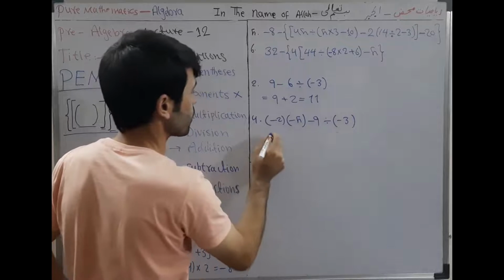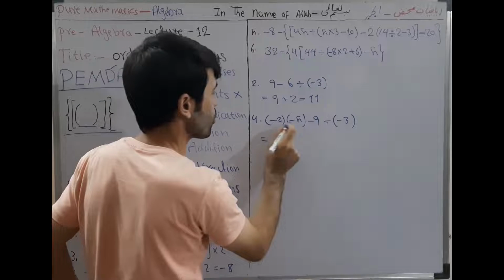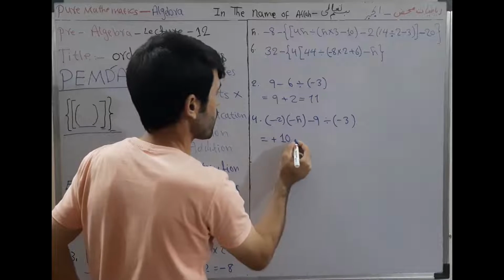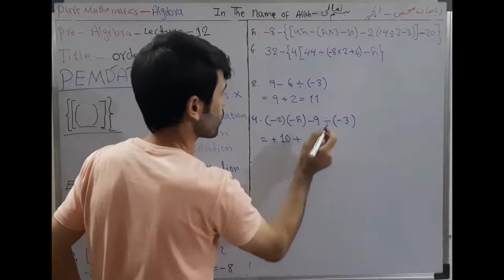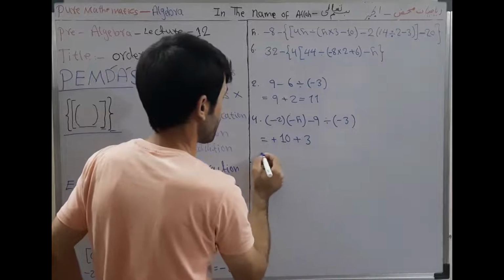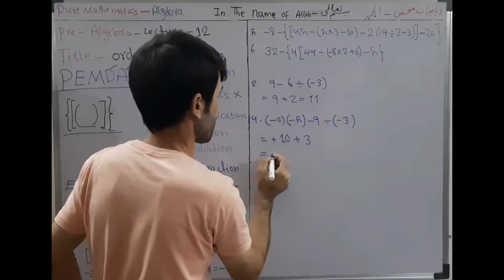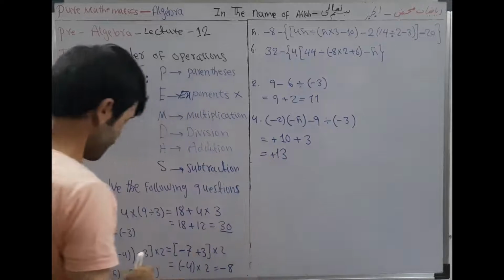It is equal to minus multiplied by minus gives plus, 2 multiplied by 5 is 10. Minus divided by minus gives plus, 9 divided by 3 is 3. Plus 10 plus 3 is equal to 13.